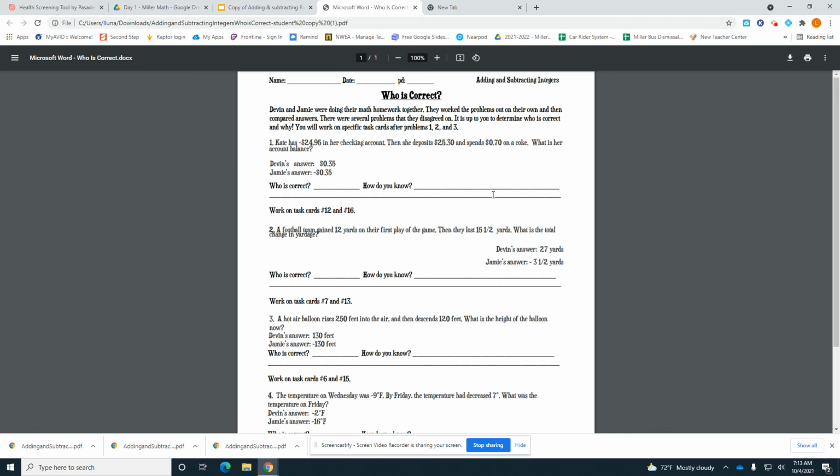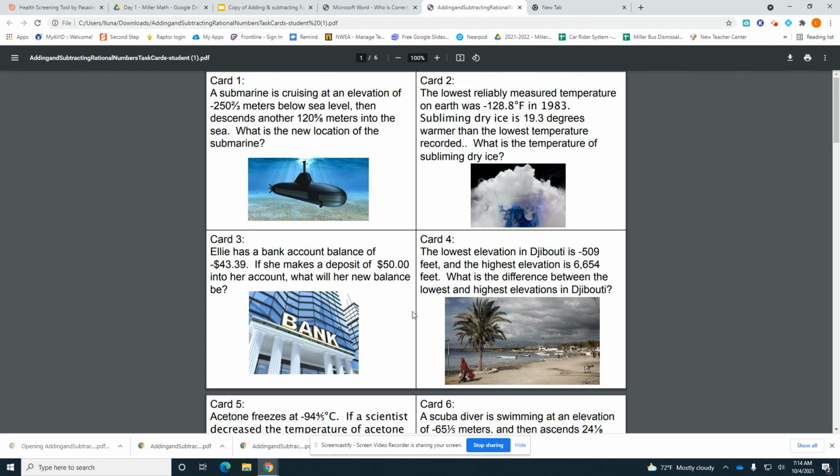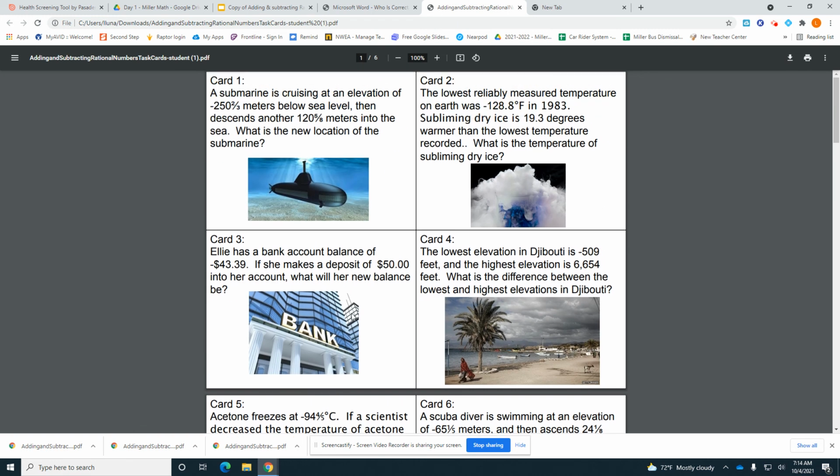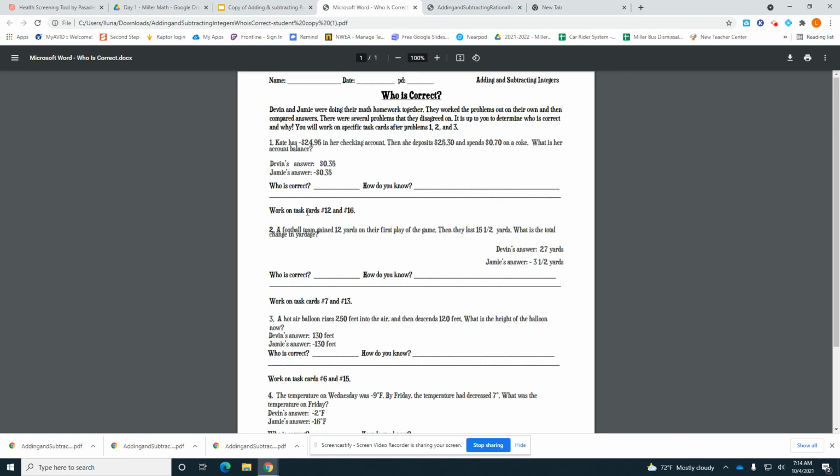Once you tell me how you know it is correct, go to the assignment with the task cards in Google Classroom. At the bottom, after number one, it tells you to work on task cards 12 and 16.